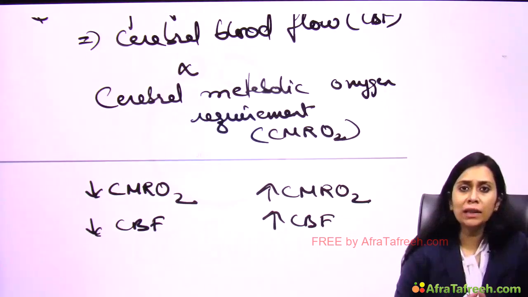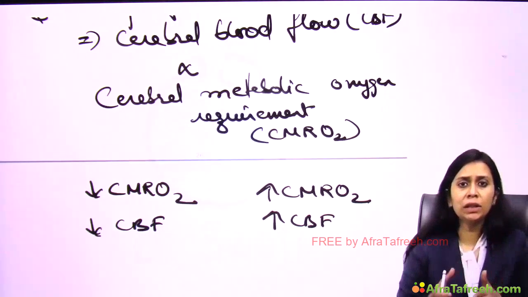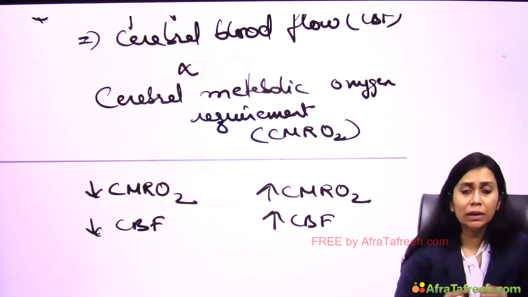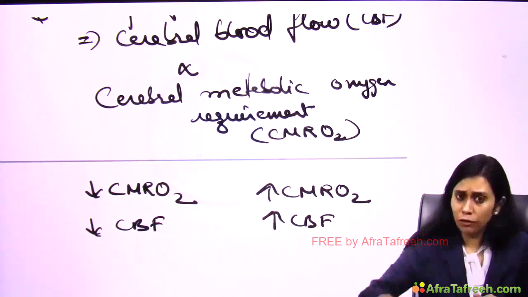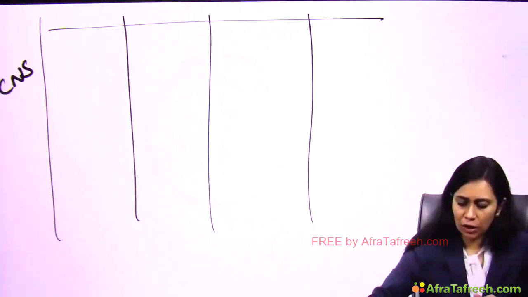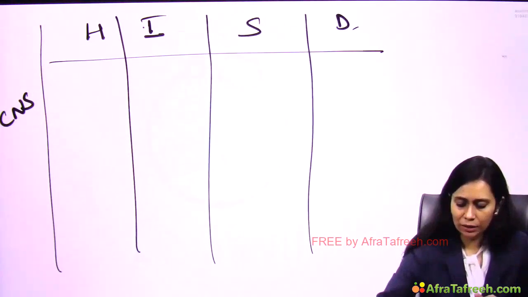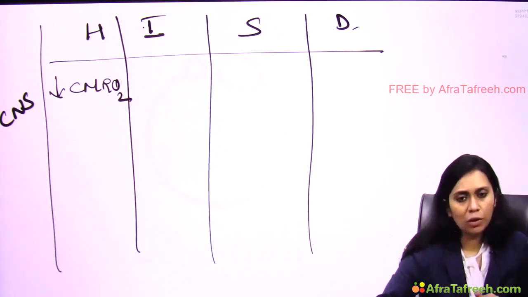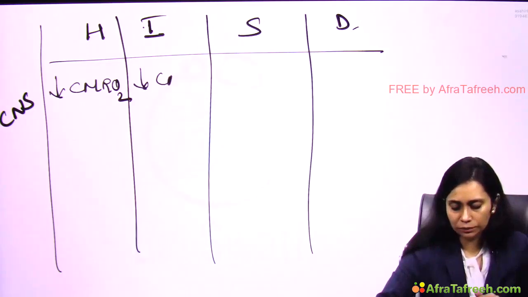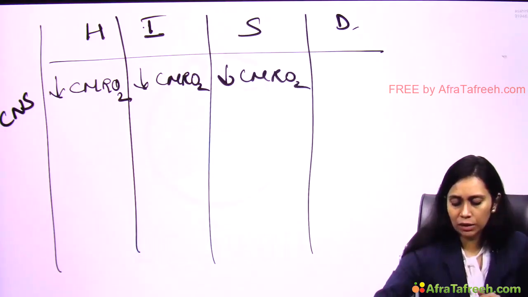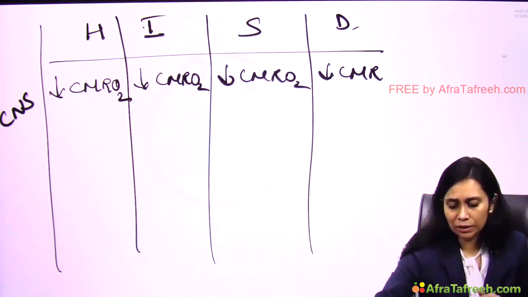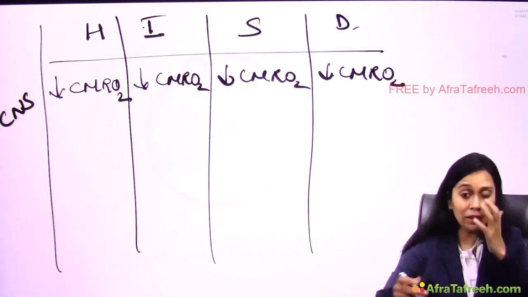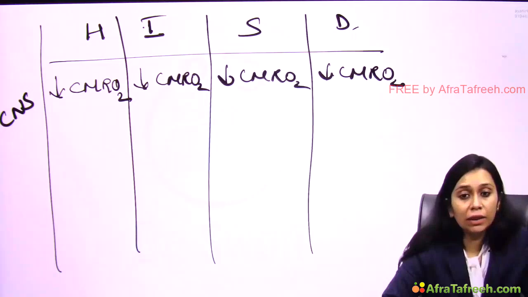So all anesthetic agents, irrespective of whether inhalational or IV, do the same thing: decrease CMRO2, cerebral metabolic oxygen requirement. If I was discussing IV anesthetic agents also, I would have written the same thing.